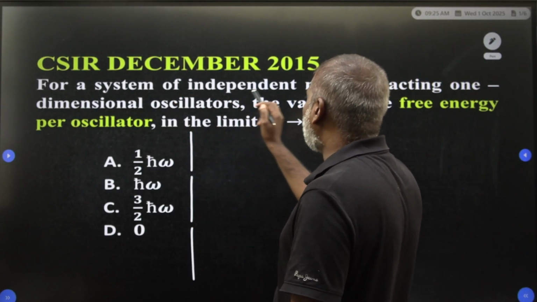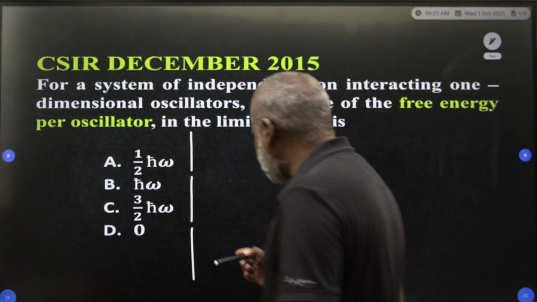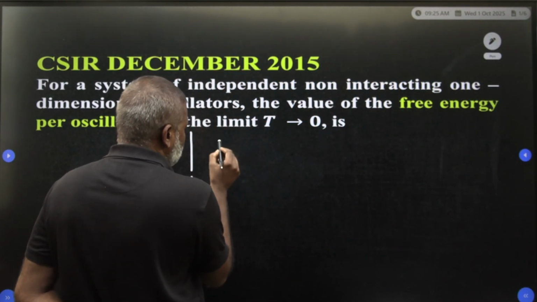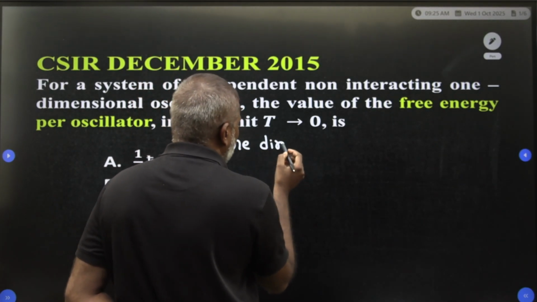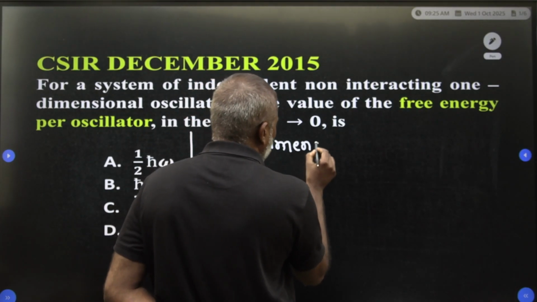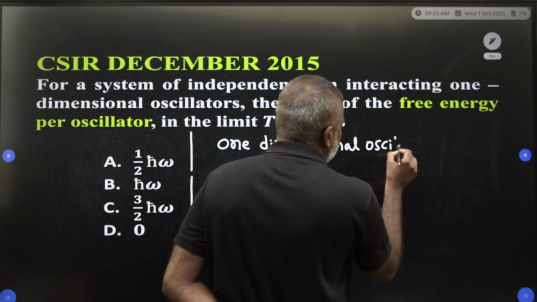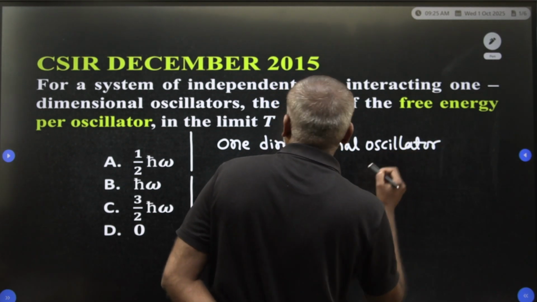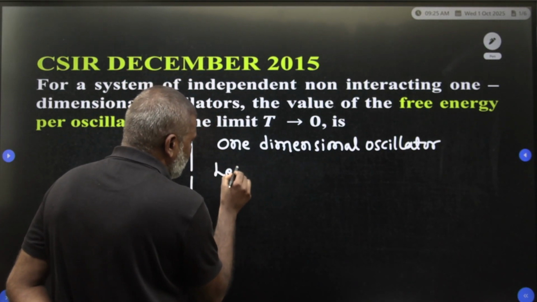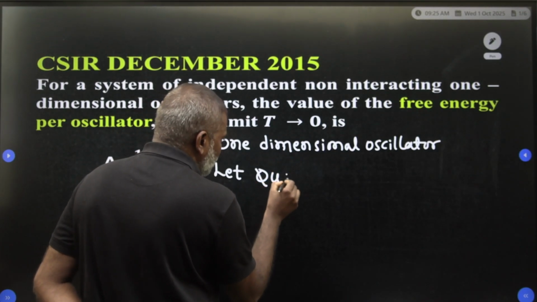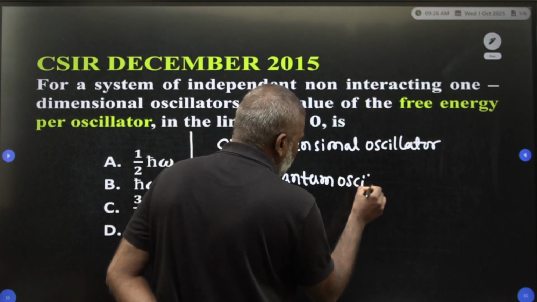For a system of independent non-interacting one-dimensional oscillators. Which oscillator do you have to consider? It is a one-dimensional oscillator, non-interacting, and you may discuss the quantum oscillator, not classical.